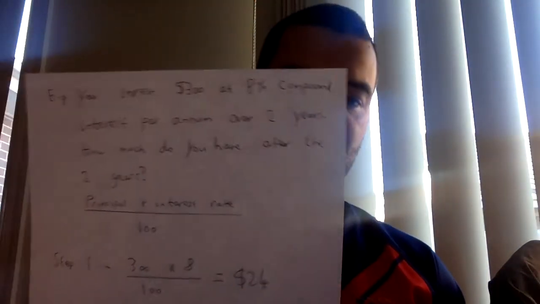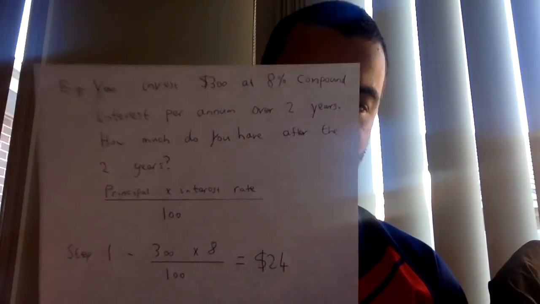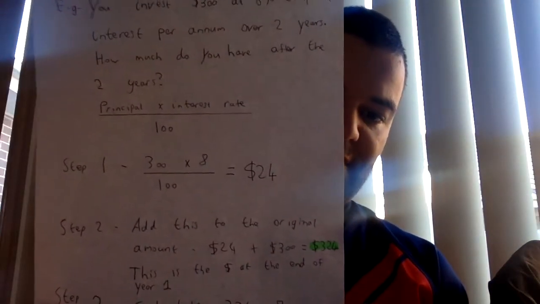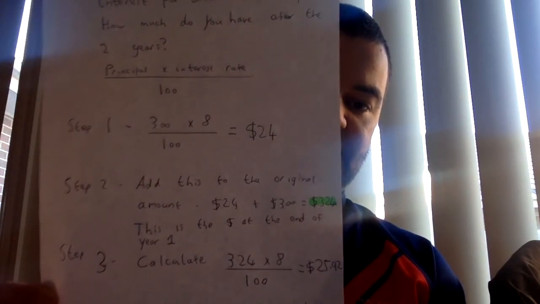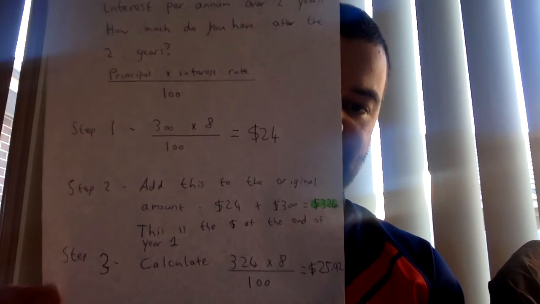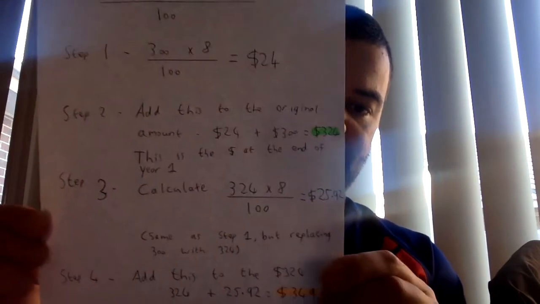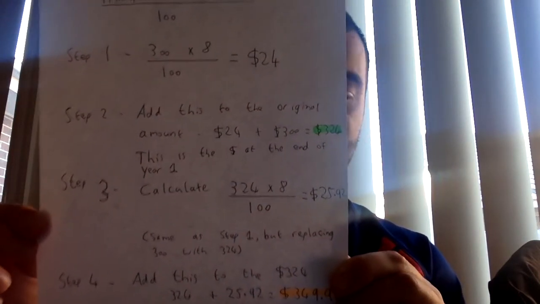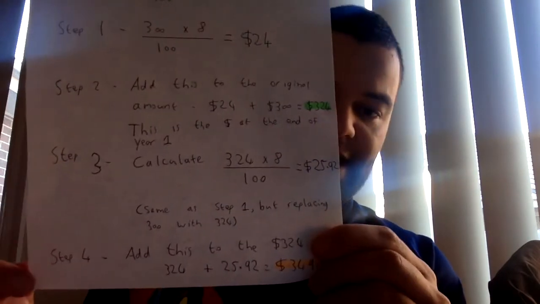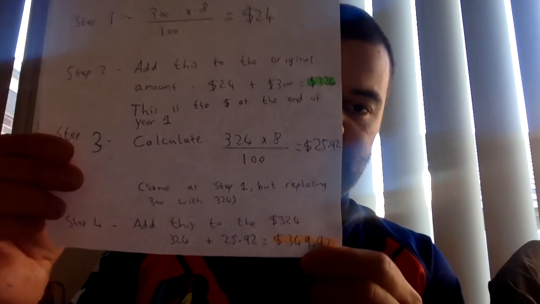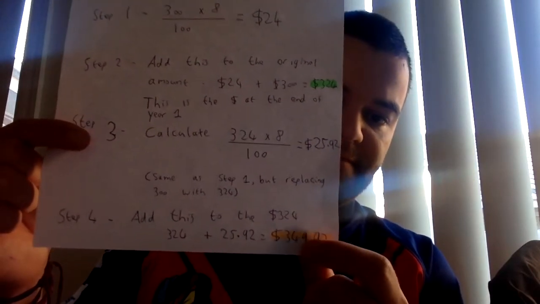So just going through it one more time, we put it into the formula, we get the interest from that, we add it to the original amount, we then do the formula again using the sum of adding the interest to the original amount. That gives us the answer. And if we're doing a third year, we just do the same thing again, this time using this number in the formula, this number here. Okay?